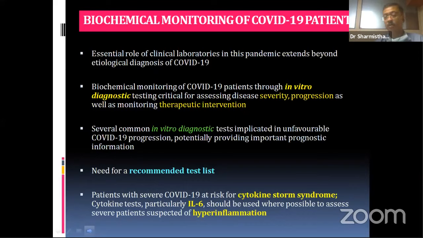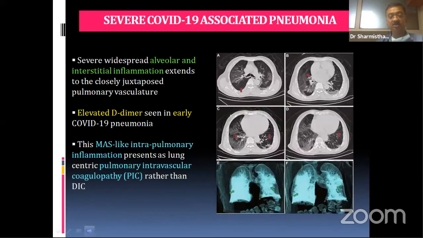Therefore, one of the parameters which can be measured to give an idea about whether the cytokine storm is going to affect the patient badly or not is obviously interleukin 6. This parameter will come later on with a comparative study, but it is of major importance nowadays for therapeutic monitoring as well as prognostic value, because it gives an idea of the hyperinflammation and indicates that the patient may suffer from acute disease later on.